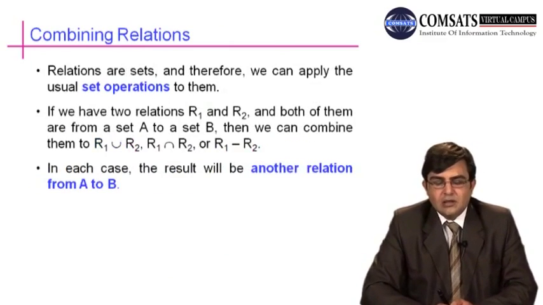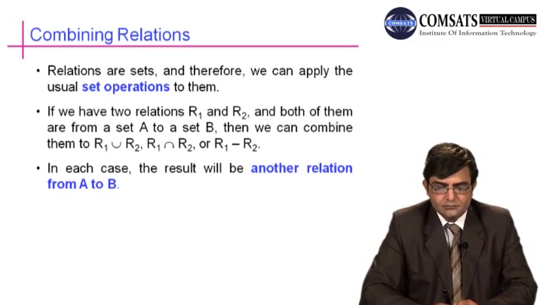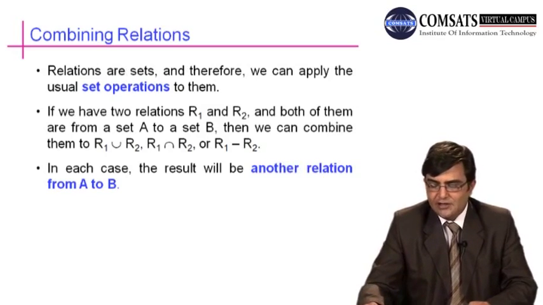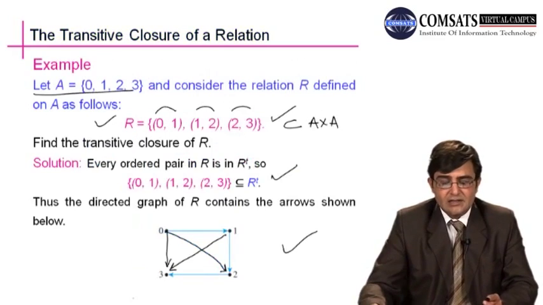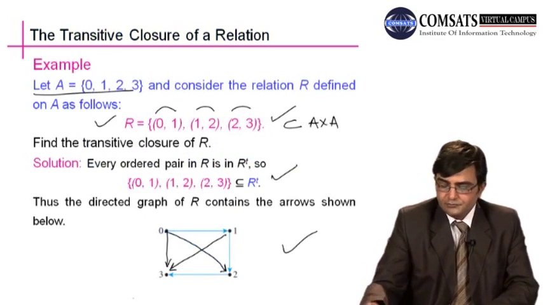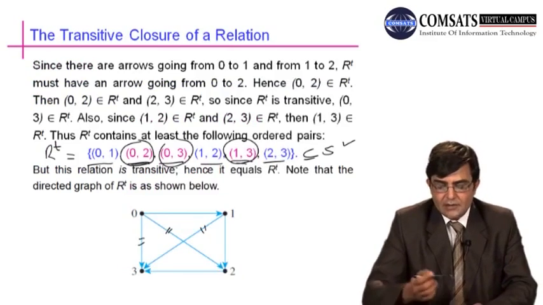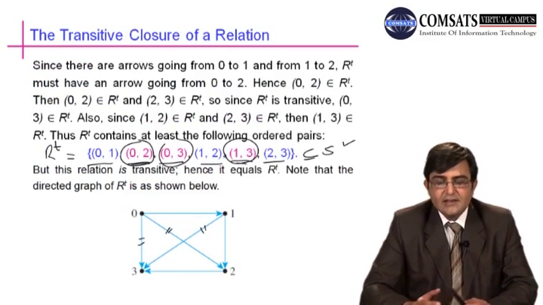Now, how do we combine relations? Relations are basically sets which contain ordered pairs. R is a subset of A cross A, as we discussed in the transitive closure of a relation, and RT is also a subset of A cross A. These relations are sets of ordered pairs.